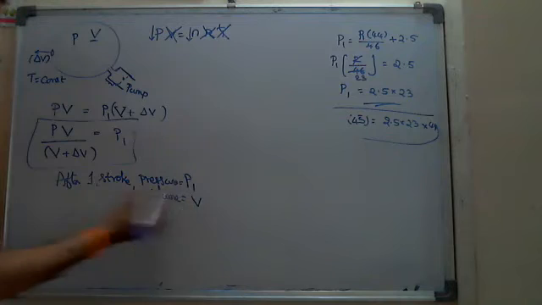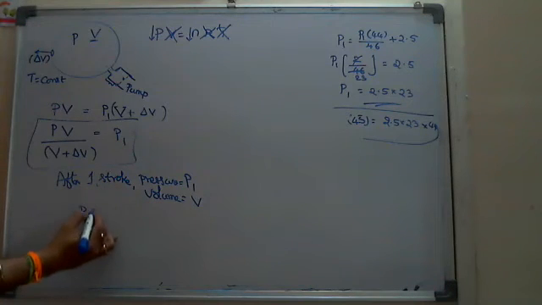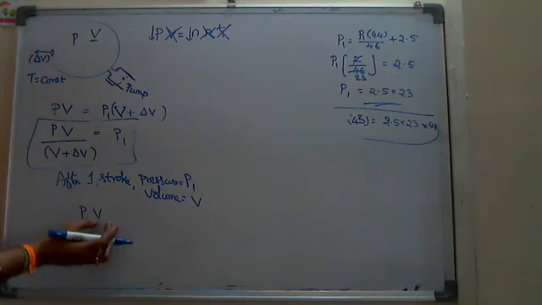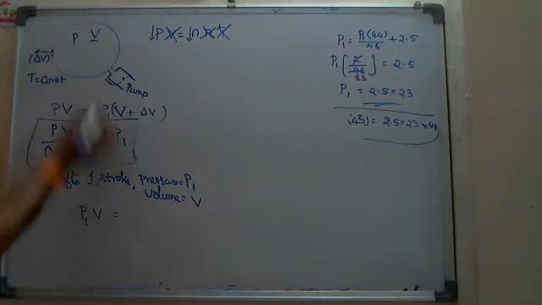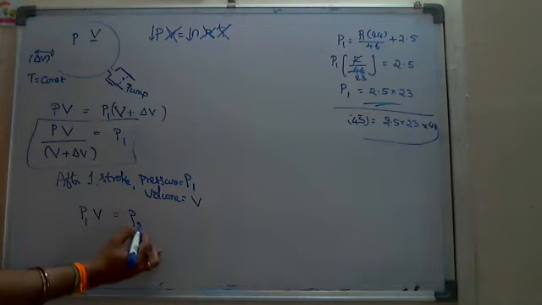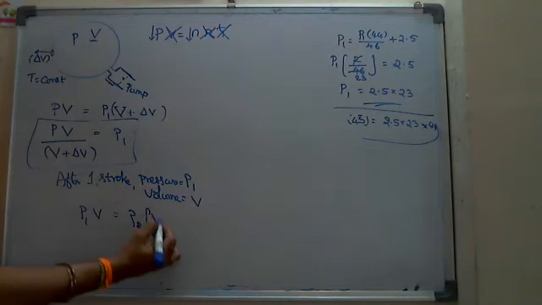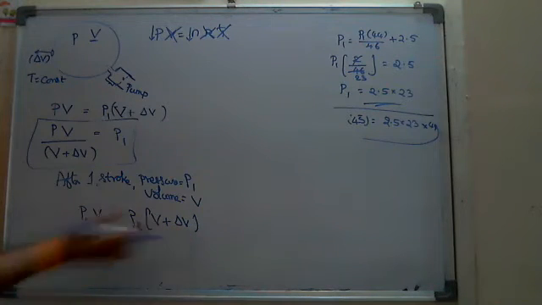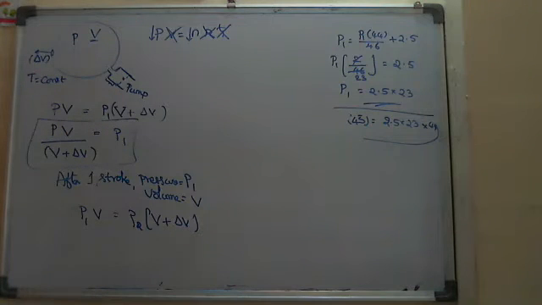So previously, the pressure after one stroke is P1, and the volume is V. I am writing PV equals constant, pressure into volume. After the second stroke, the pressure will be P2, and at that instant the volume will again be V plus delta V. I think no need to explain why, because already you pulled it outwards.